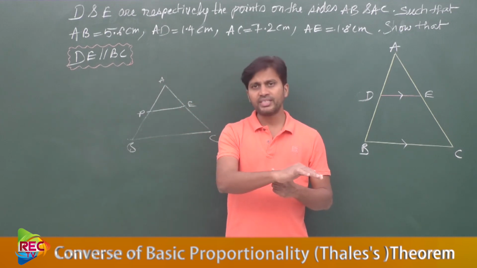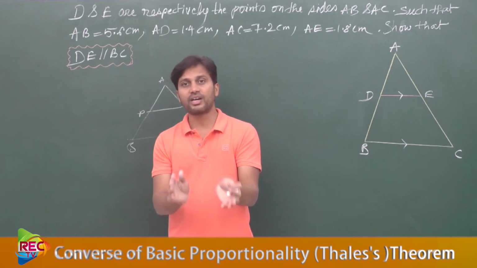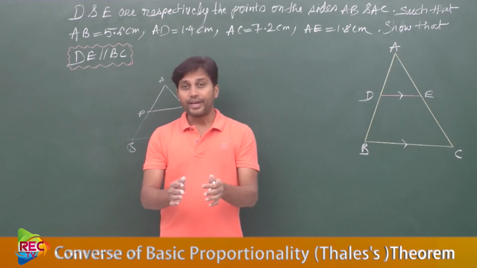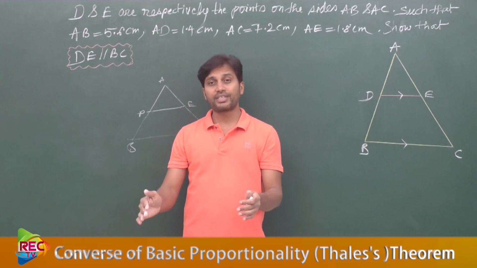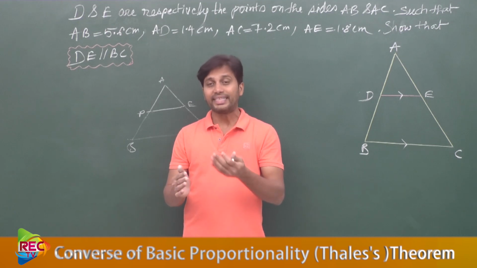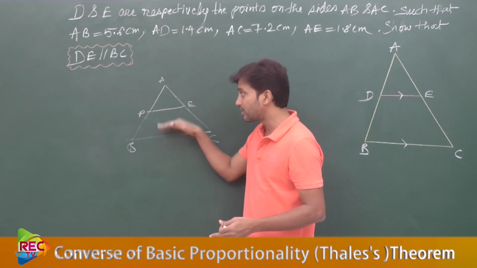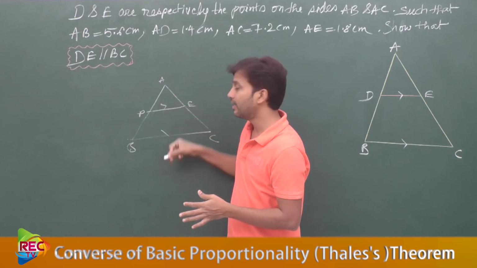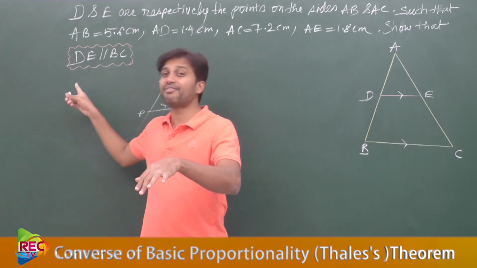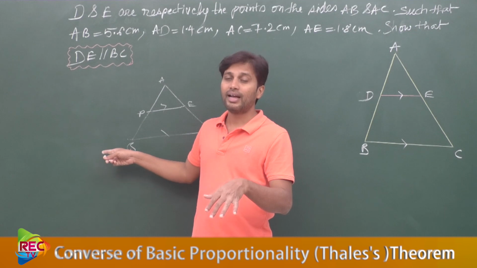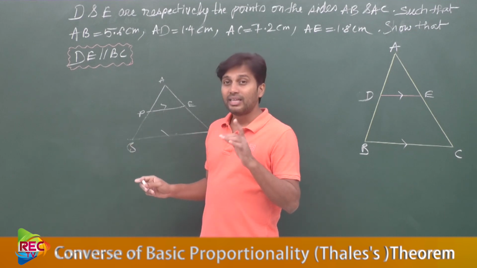What does its converse say in reverse order? If a line divides two sides of the triangle proportionately, then it will be parallel to the third side. That means we said that this is dividing proportionately and so this will be parallel.